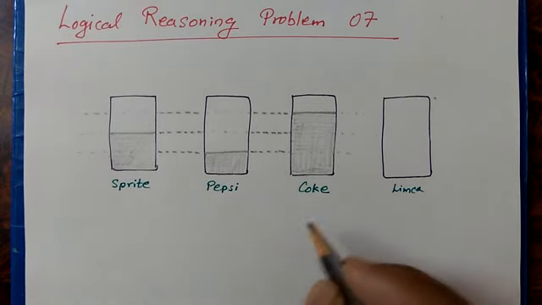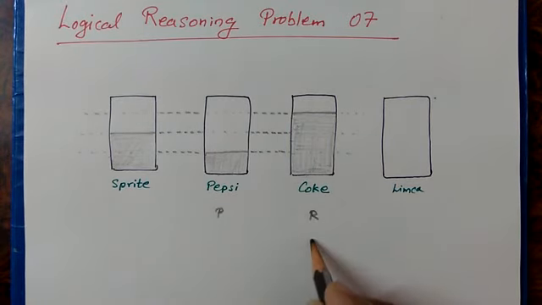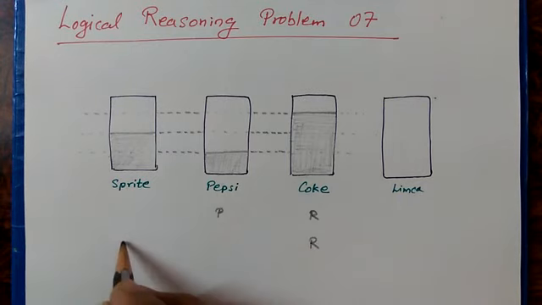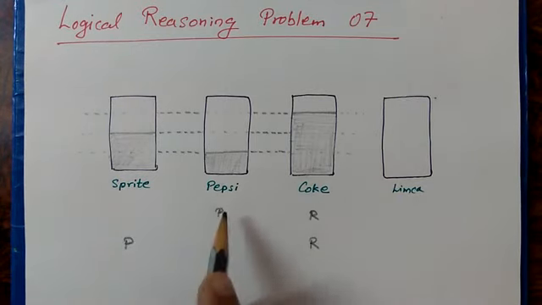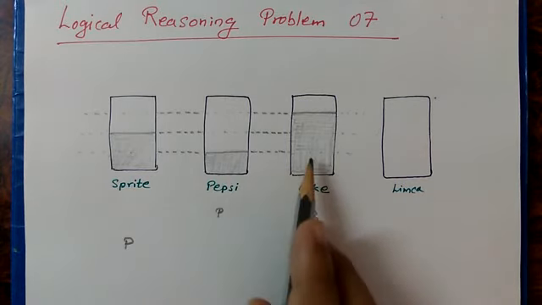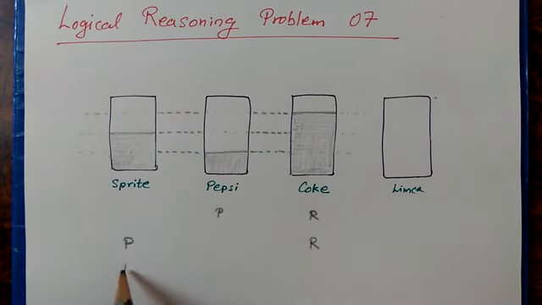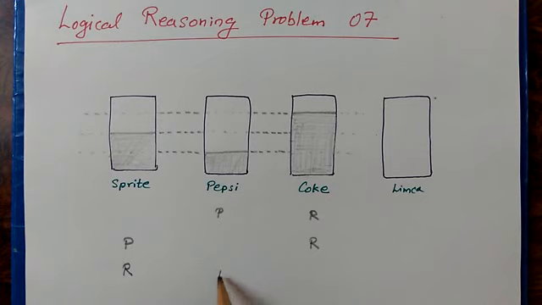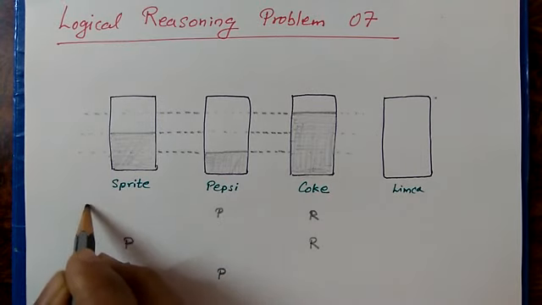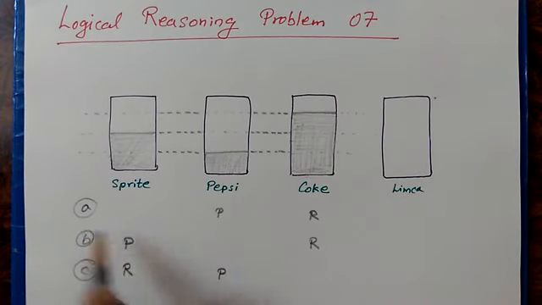Let's tag it R, and if this is R, there is a possibility that this can be P, because P is always less than R. It is written in condition number 5: the bottle R contains more amount than P. If this is R, this can be P. Now there is another last possibility. So we have three conditions: A, B, C.